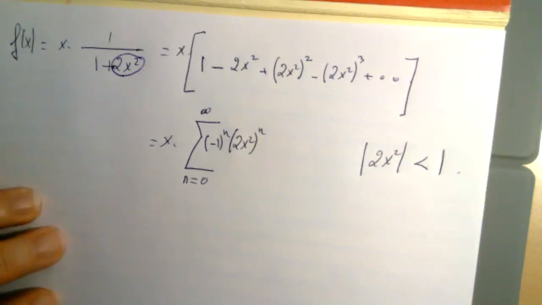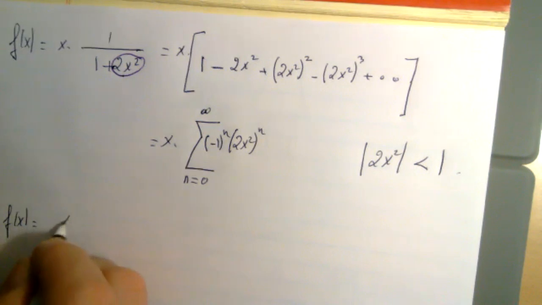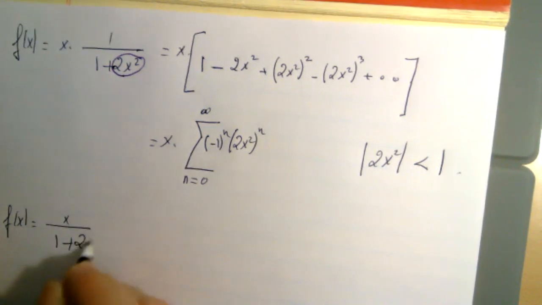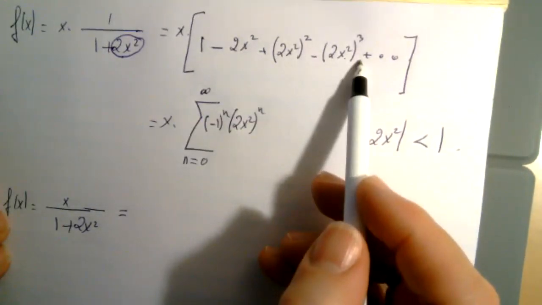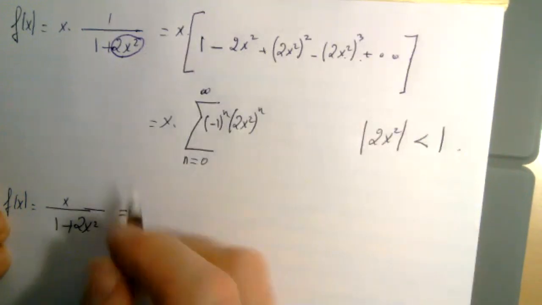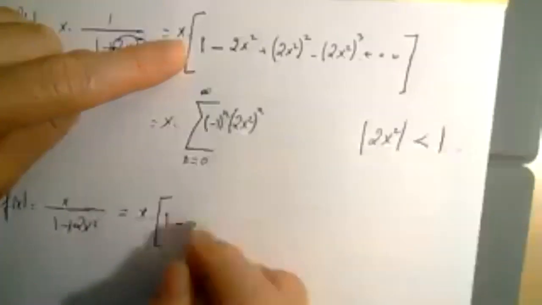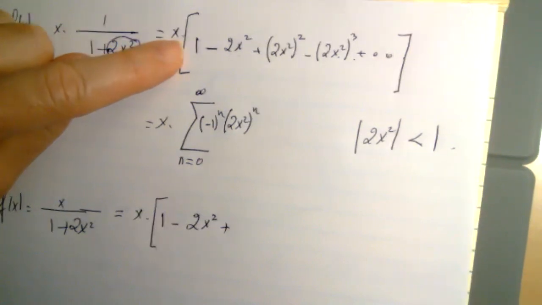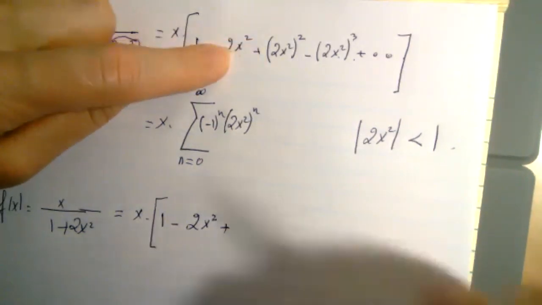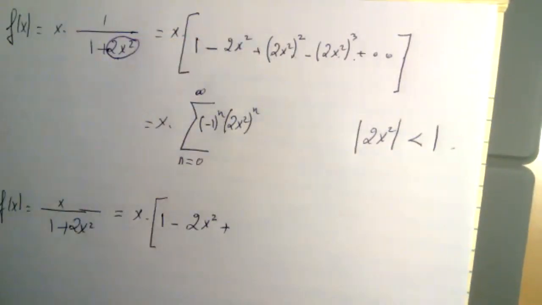All right, so my function f of x, it means x over 1 plus 2x squared, is going to be equal to, first, I'm going to simplify those terms, and then I distribute my x. So it's x times 1 minus 2x squared plus, believe me, when I test you on this, so many students take this term and don't develop it correctly.